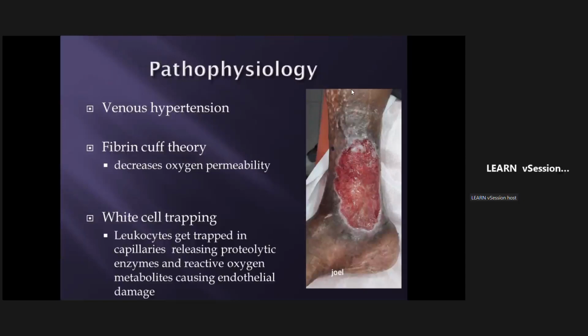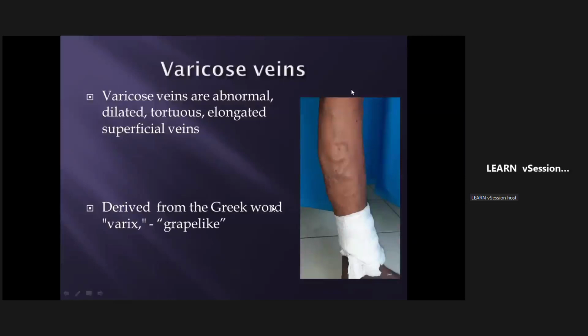When they get activated by other reasons, like sluggish flow and getting trapped, they release enzymes resulting in damage to the surrounding tissues, endothelium and pericapillary tissues. Again, in effect, the ulcer is not going to heal. So know these things in your short case. You may be expected to know this.